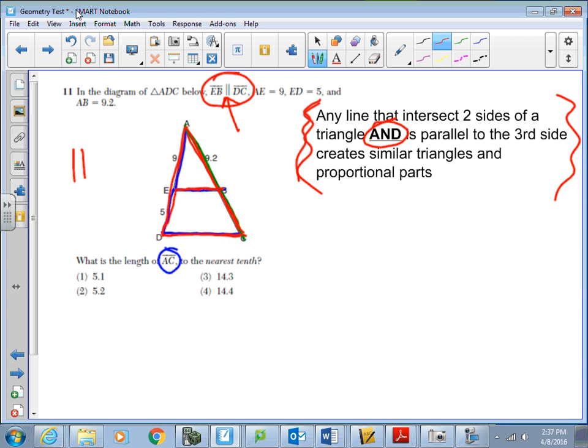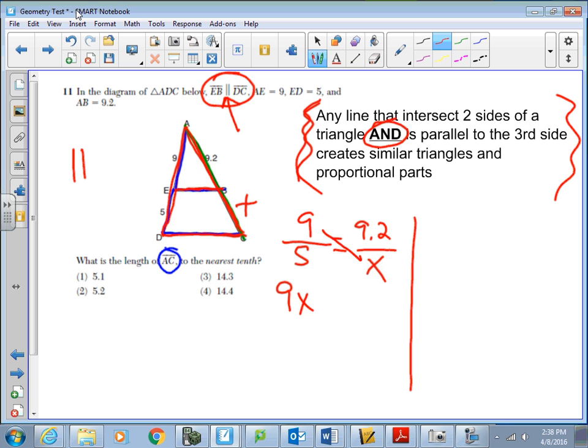Now, there's a couple different ways. So I'm going to do this different ways here. You could set this up as finding this piece here that I just labeled X. So you can set up like this: 9 over 5 is equal to 9.2 over X. Now you get 9X because you're cross multiplying.